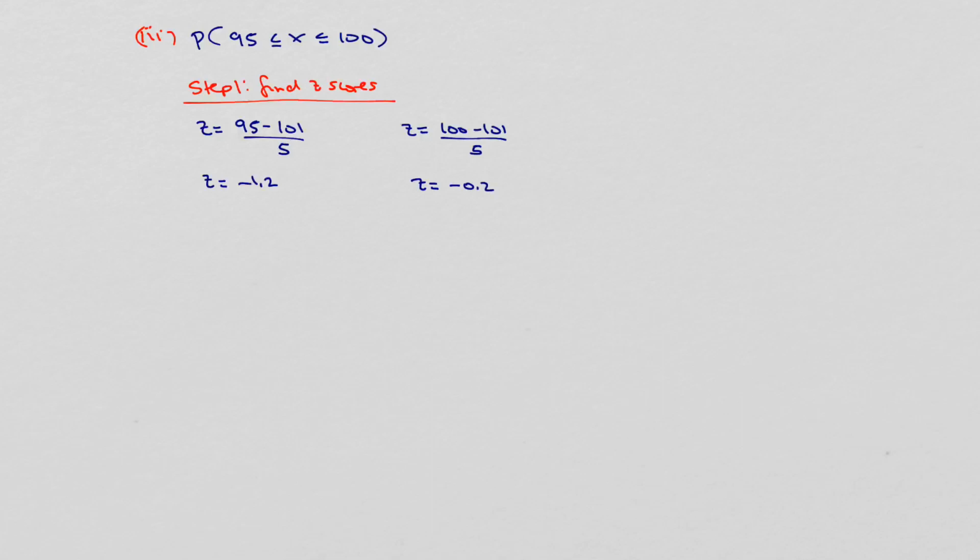So if I draw my graph, what is that going to look like? Minus 1.2 is over here to the left, and minus 0.2 is also on the left-hand side. In other words, they're both on the negative side of our graph.